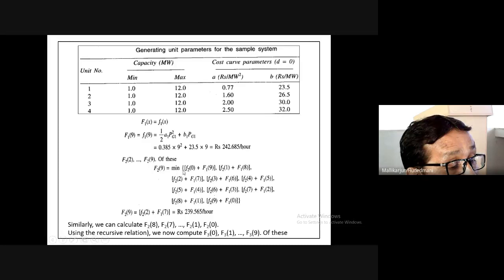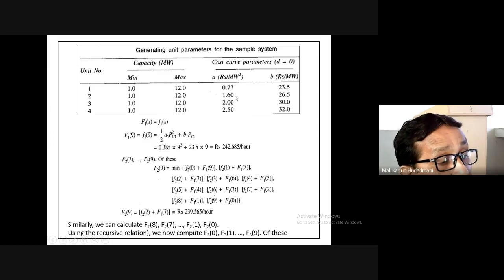Among them, I have to pick the minimum. I have to calculate the cost of this first option, cost of the second option, cost of the third, fourth, fifth, and the last one. If I numerically calculate F2 of 9, like this F1 of 9, what is the second equation? 1.60, and A2, B2 is 26.5.